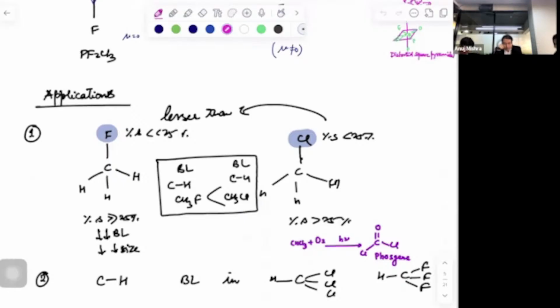Compare CH bond length in CHCl3 and CHF3. How will you do it? Compare CH bond length in CHCl3 and CHF3.